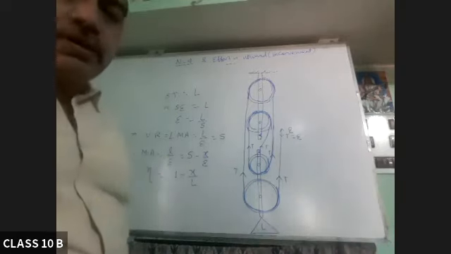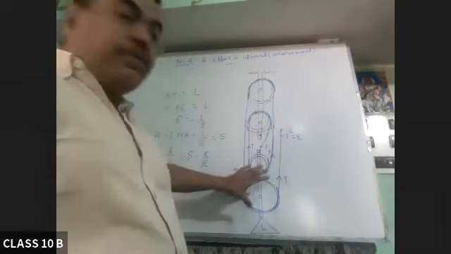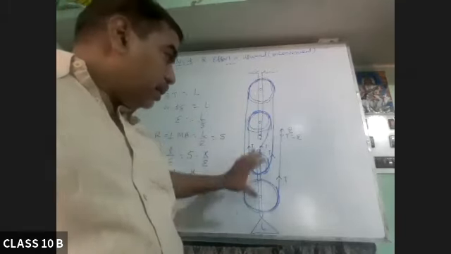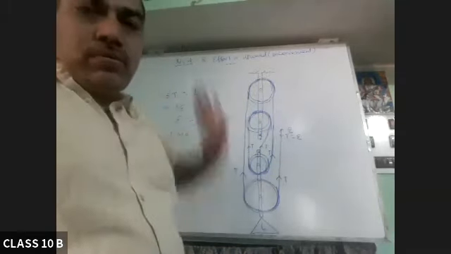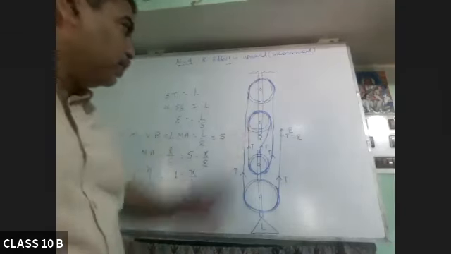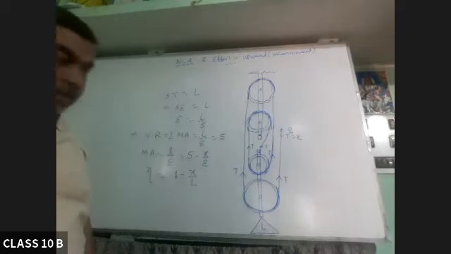Now similarly, if the total number of pulleys is 5, here will be 3, here will be 2. If effort is convenient or inconvenient, then 3 will be down, 2 will be up. So this way you can do number of pulleys 5 and 6.